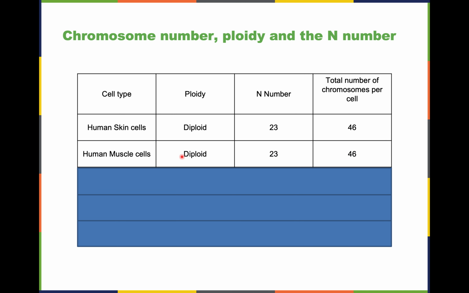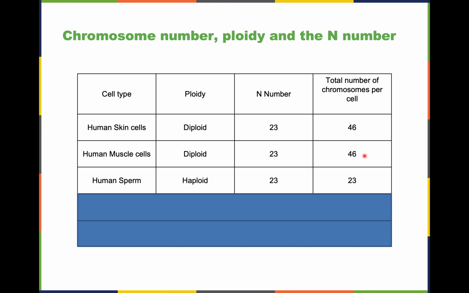Human mouse cells are diploid. The N number remains the same because we are still talking about a human. And since this is a diploid cell, therefore it has twice as many chromosomes. So the total number of chromosomes per cell is 46. What about human sperm? Well, we just said that human sperm is a haploid, so it only has one set. So therefore, it only has 23 chromosomes.